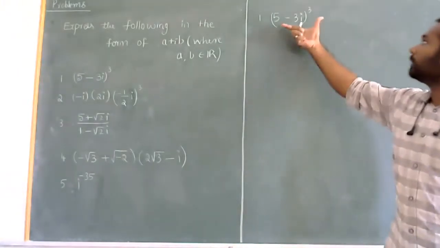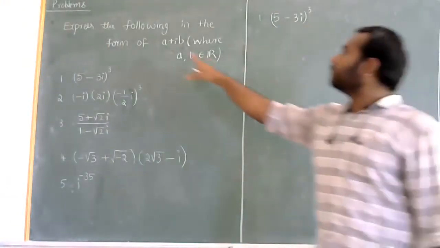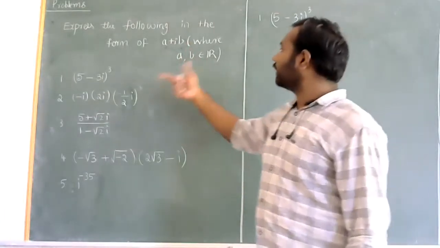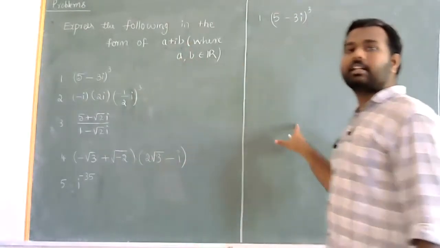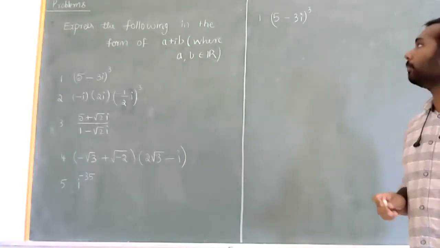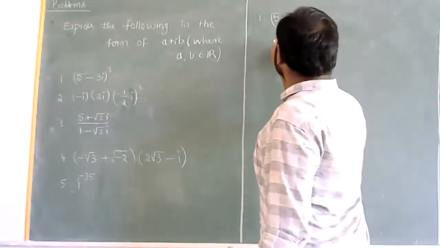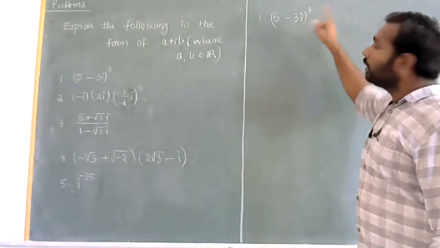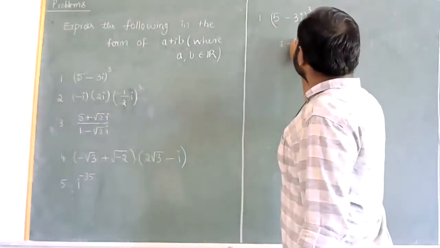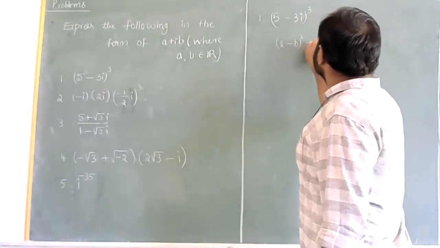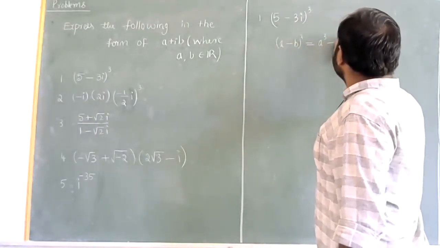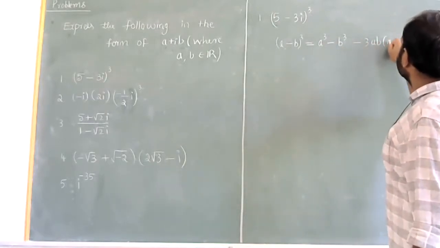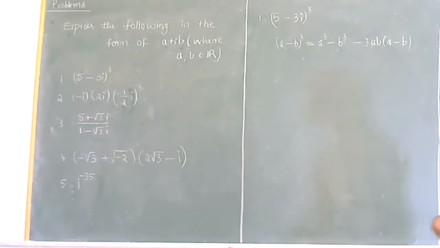So now we have to express this number in the form a plus ib, where a and b are real numbers. That means you have to express these in the general complex number form. Right? Now it is of the form (a minus b) whole cube. So (a minus b) whole cube is a cube minus b cube minus 3ab into (a minus b).